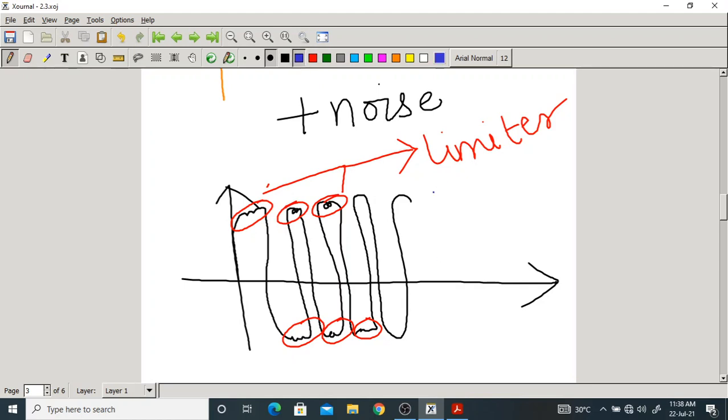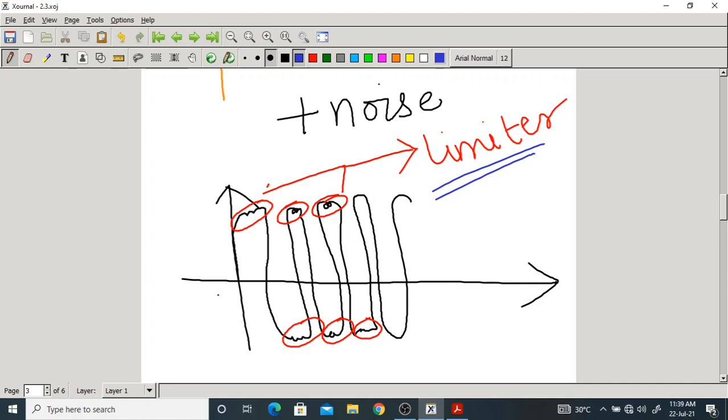Be clear with this. But remember, we should not use a limiter for AM. Why? In AM, the information lies in the amplitude variations itself. If you remove the total variations in the amplitude, you are removing the information. So that's why we don't use a limiter for AM. We use a limiter only for FM, where information lies in the frequency variations, not in the amplitude variations.